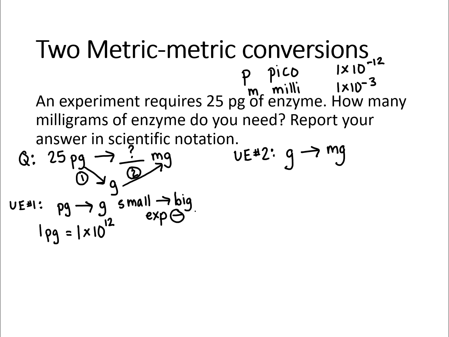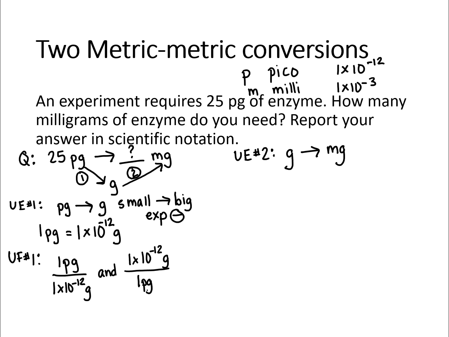We said we're going from small to big, so the exponent should indeed be negative, and that's grams. We write our first set of unit factors.